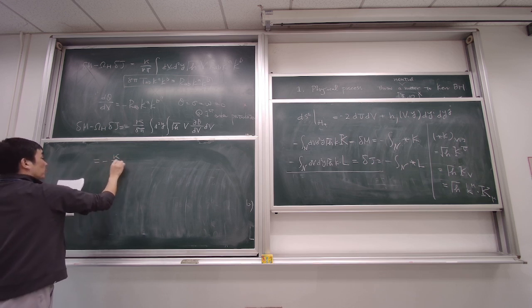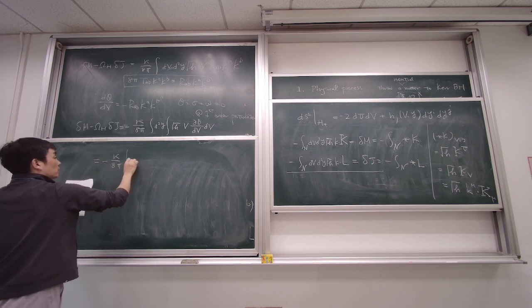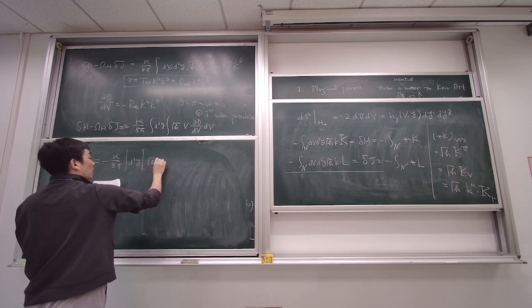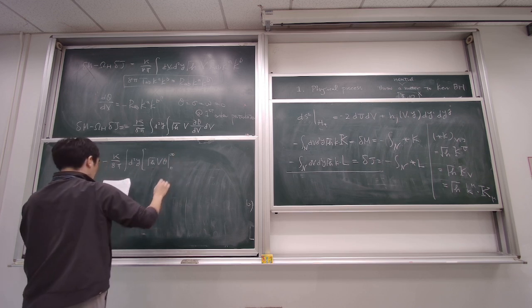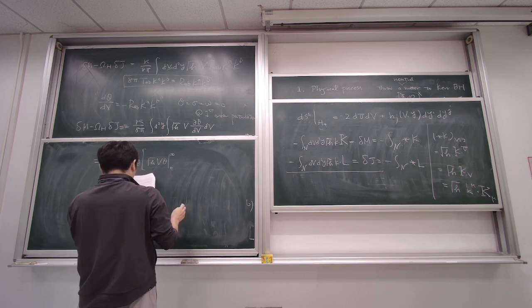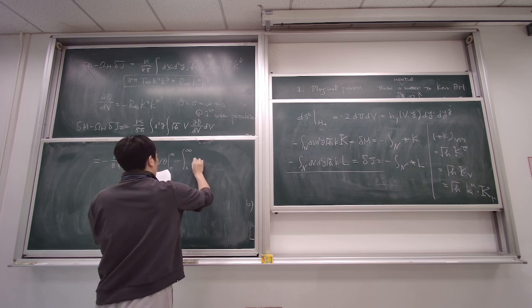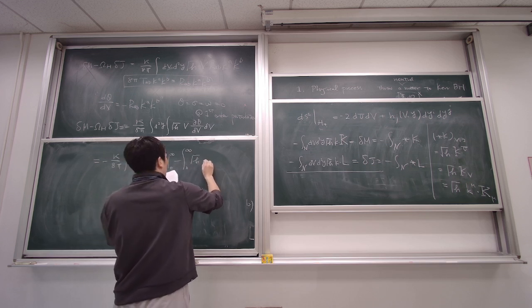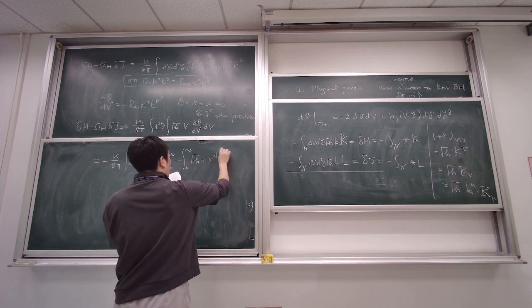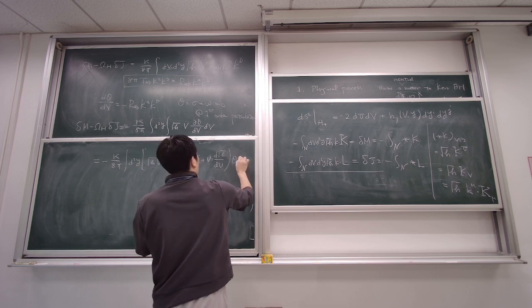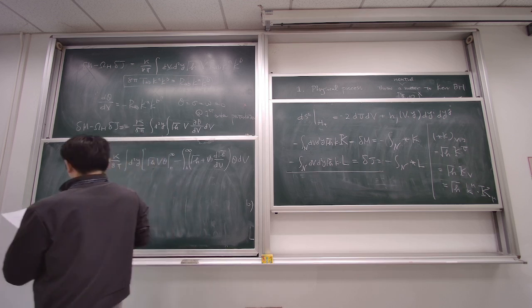We have kappa over 8 pi, and then d²y, and then square root h V theta from 0 to infinity, and then minus the integral from 0 to infinity of d(square root h V)/dV theta dV. Okay, so that's what we have.